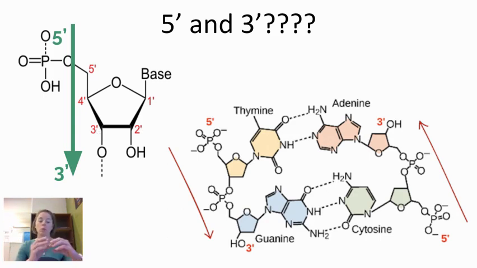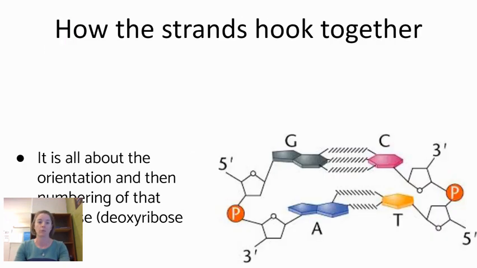So between those two, if the 5 is on the top or if the 3 is on the top, that's how we determine that one side is the parallel strand and then one side is the anti-parallel strand. So there are some naming conventions that are coming here in a second, but that's where the parallel, anti-parallel come from. That's how we number all of those guys as they go through everything.